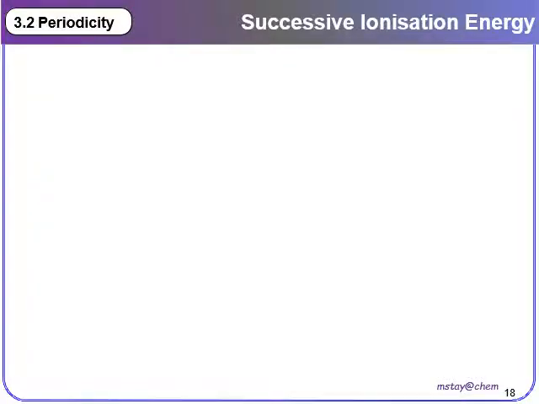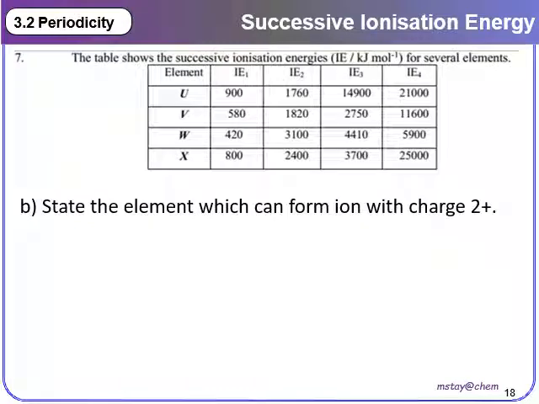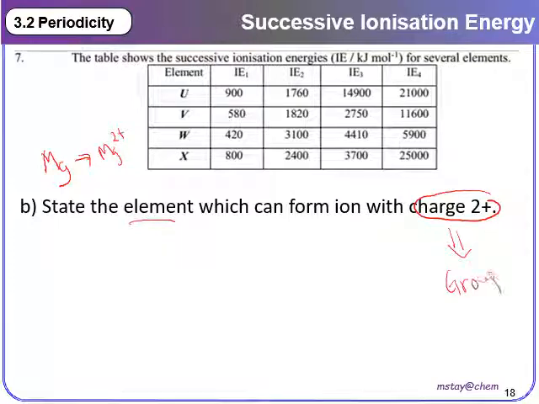Next, the question asks which element can form an ion with a charge of 2 positive. If an element can form 2 positive, for example magnesium becoming magnesium 2 plus, it will be from group 2.